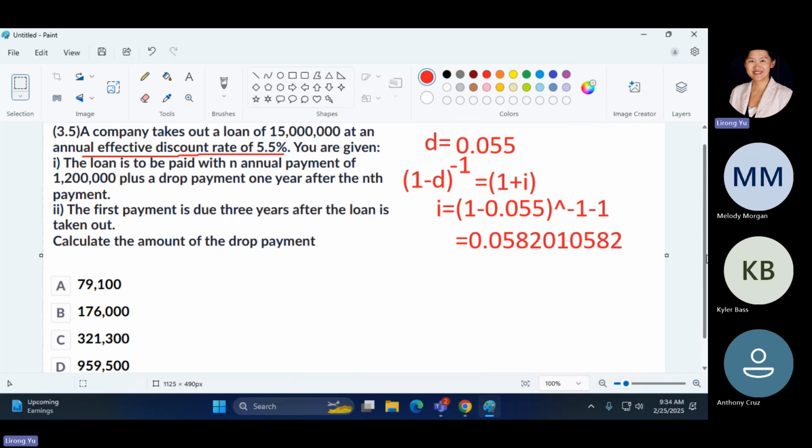What I was doing on the board is trying to figure out, since the question gave us the annual effective discount rate, that we do not have the interest rate immediately given. I have to figure out a way to calculate the actual annual effective interest rate. What I was writing on the board is the relation between the discount rate and the interest rate.